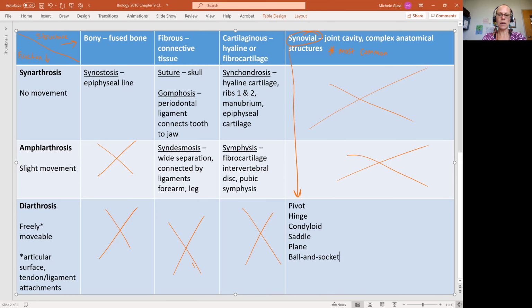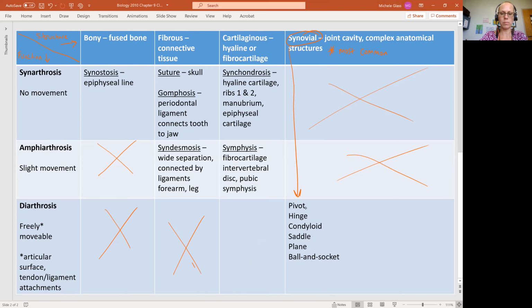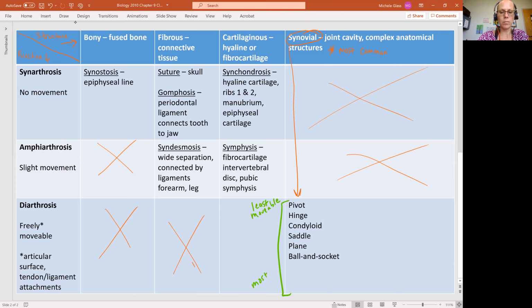Now, as we're looking at these descriptions, we are going to be describing from least movable to most movable. So it's important to note that even though we've described diarthritic joints as freely movable, there's definitely a range.